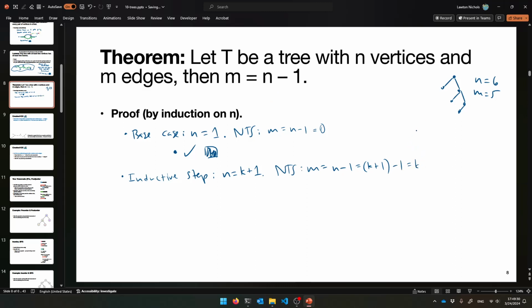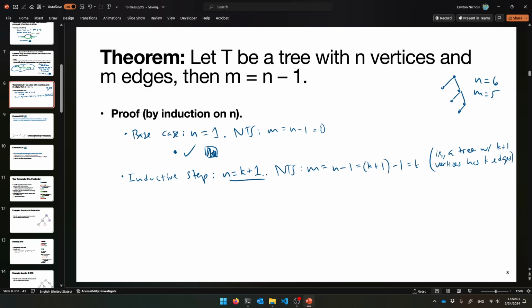And so I need to show that a tree with k plus 1 vertices has k edges.